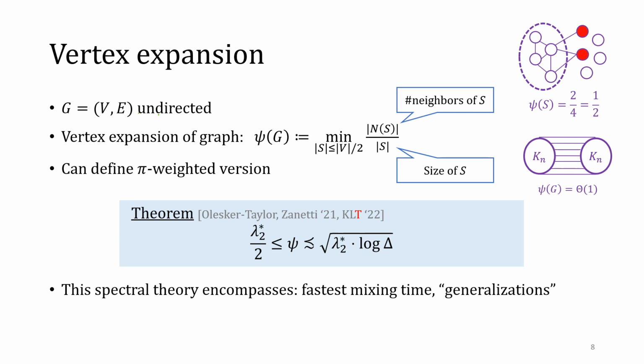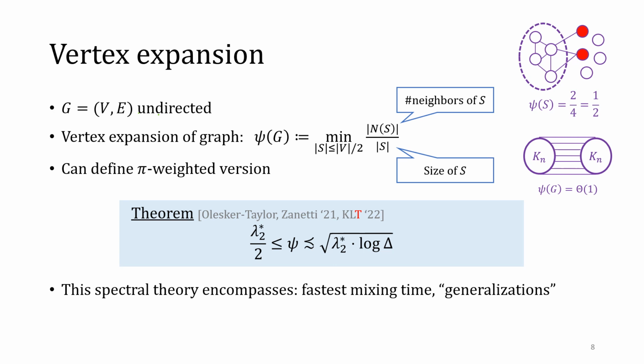In 2021, Olesker-Taylor and Zanetti proved a Cheeger-like inequality relating vertex expansion and reweighted eigenvalues, which was subsequently improved to its current optimal form by Kwok, Lau, and Tung. They also proved relations between other reweighted eigenvalues and other vertex expansion quantities, analogous to the generalizations in the edge case.